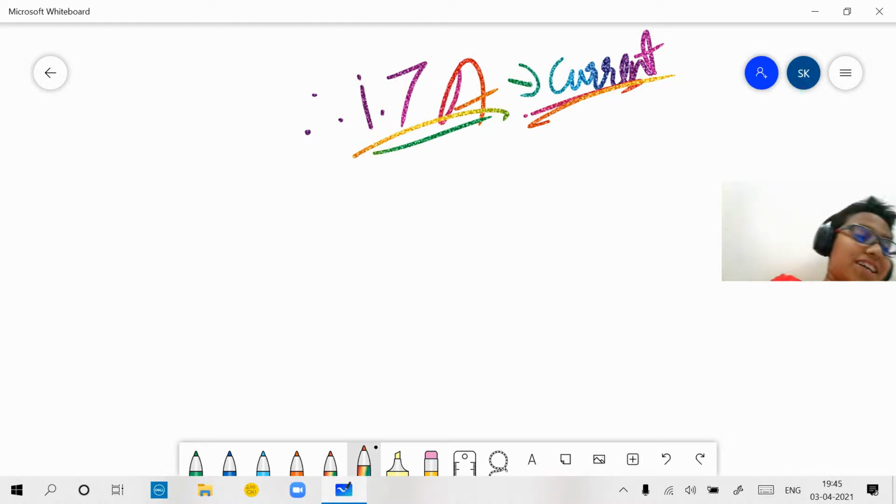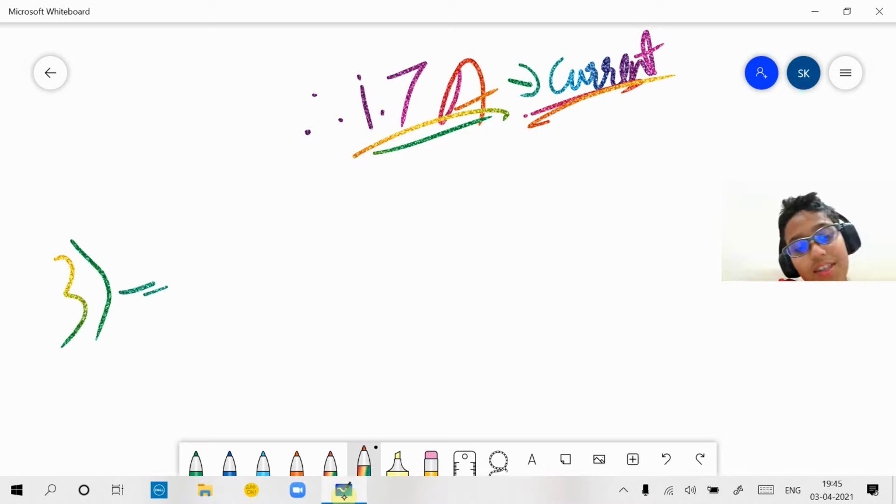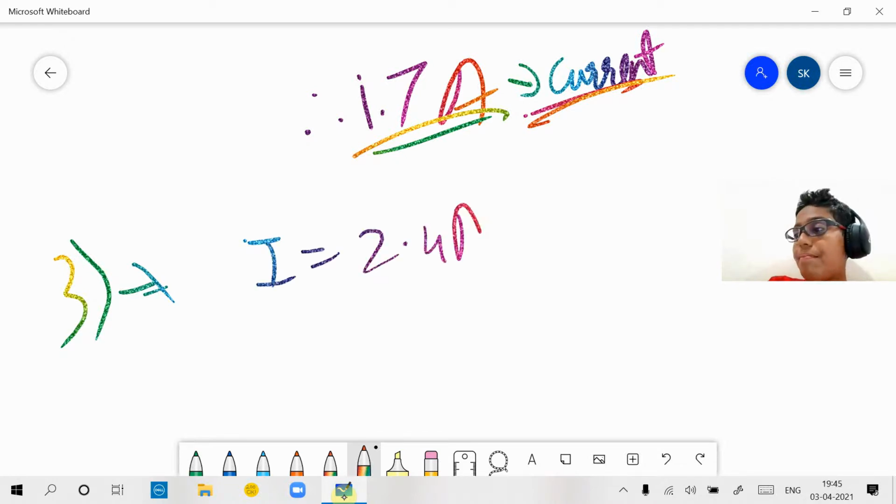Now, an easy question comes here. The potential difference between 2 points of a wire carrying 2 ampere of current is 0.1 volt. So, firstly, the current I equals 2 amperes.